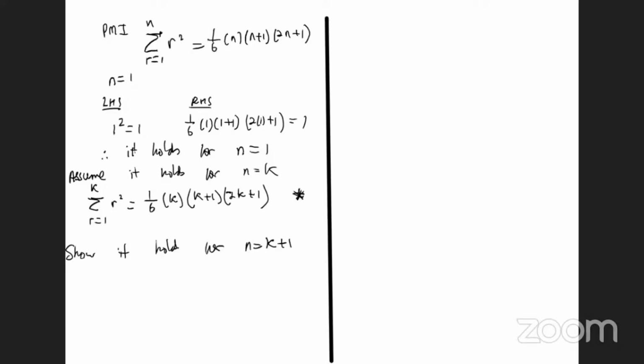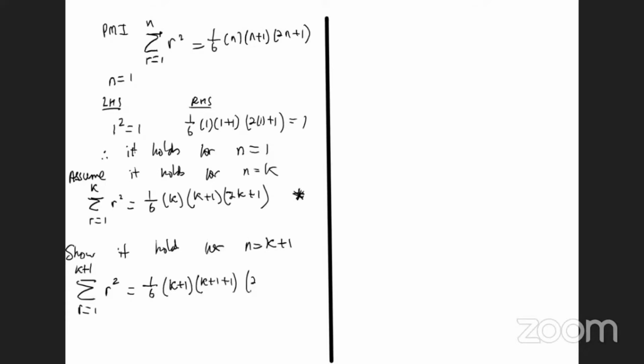All I'm going to do is take out n in the beginning and put k plus 1. So the summation of r going from 1 to k plus 1 of r squared is equal to 1/6. Instead of writing k, I'm going to put k plus 1. Instead of writing k plus 1, I'm going to write k plus 1 plus 1.